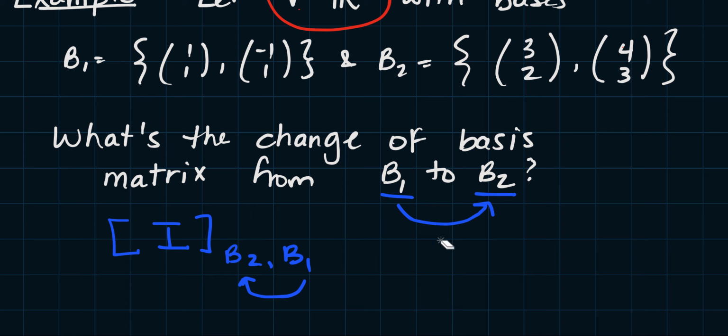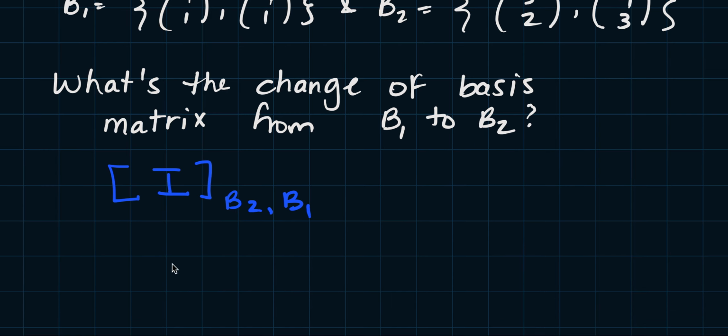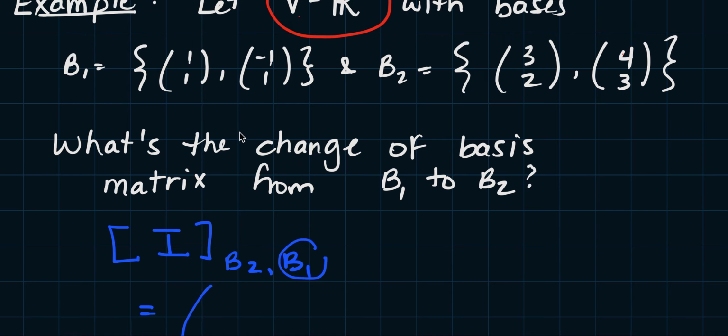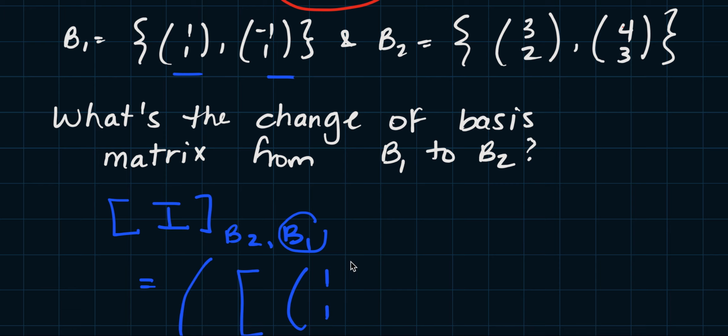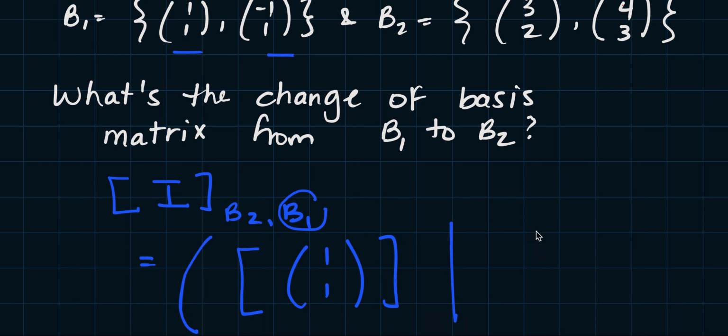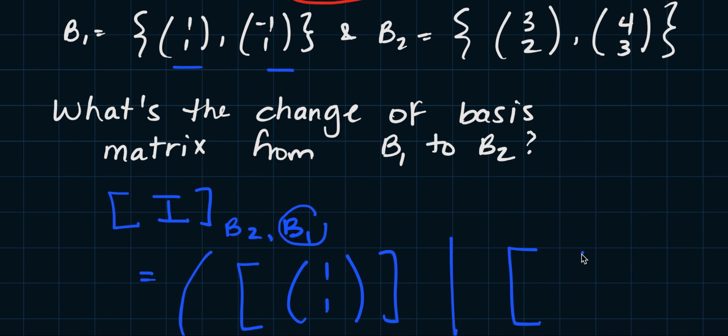Okay, now that we understand that, let's write what this matrix is. This matrix is equal to, we take vectors from B1, this vector and this vector. Okay, so I'm going to write them here. 1, 1, negative 1, 1.